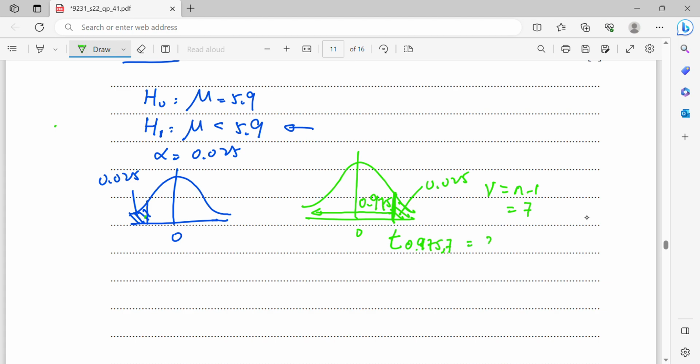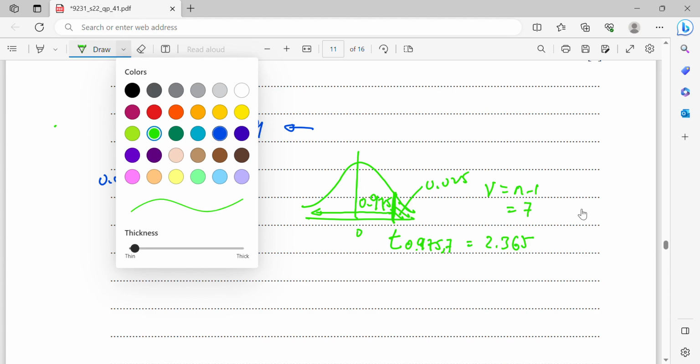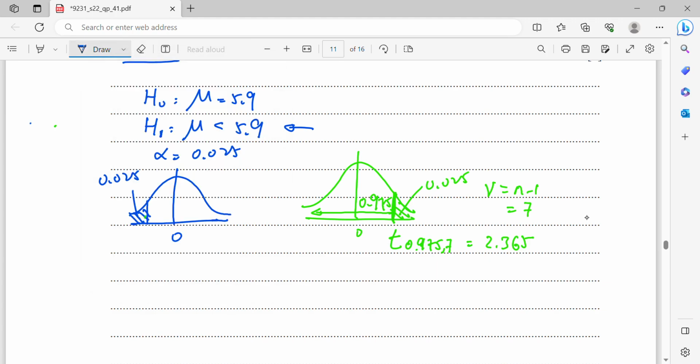I will get 2.365. But then our original region is the blue region. So by reflecting back, you will be getting negative 2.365. Right, so then negative 2.365. Then from here I will write critical value just to make it clear.